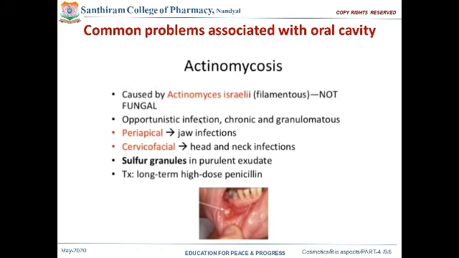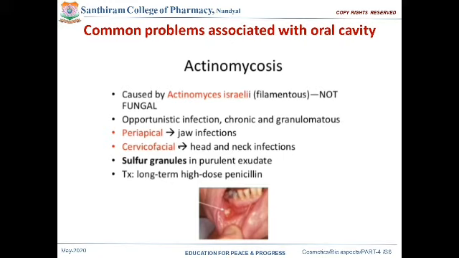It's an opportunistic infection. It's chronic and granulomatous, meaning again it's involving granulomas, and it has two main types, which make a whole lot of sense, which is nice. Periapical actinomycosis is a jaw infection, as seen in the picture below, whereas cervicofacial affects the head and the neck.